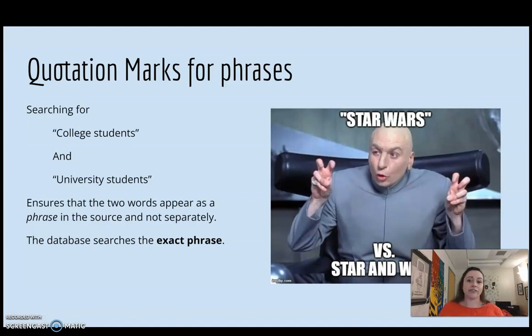So when you look up, for instance, Star Wars, put it in quotation marks so that you can get the movie, the whole series of movies, rather than wars that happen in the stars or something like that. Or they would search both of those words separately otherwise. That's why we use quotation marks.